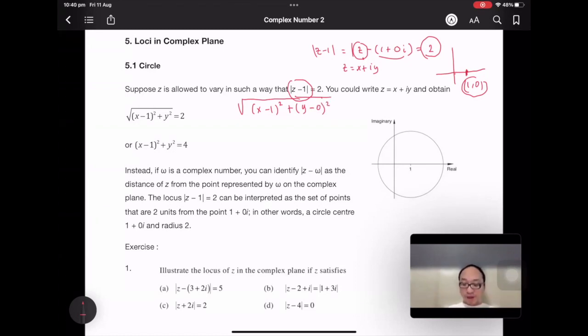We can rewrite this as x plus iy minus 1, so I can collect x minus 1 plus iy.